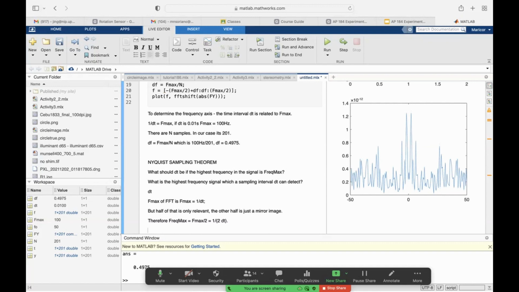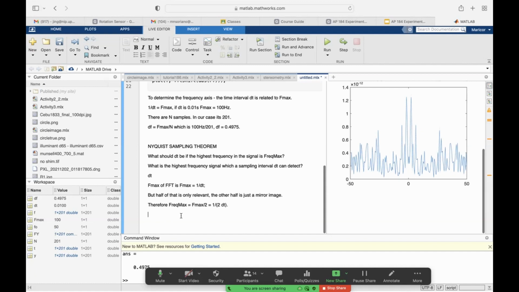Hanggang sa anong frequency lang yung kaya mong ma-detect? Ano yung limit frequency mo? Diba? Pag ginamit natin sa Arduino, delay 1,000, ibig sabihin 1 second yan.